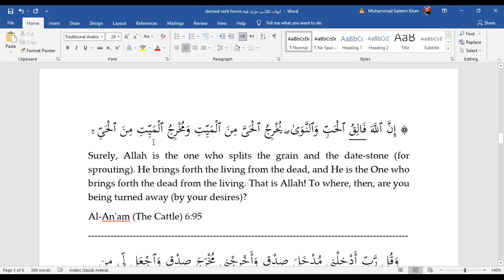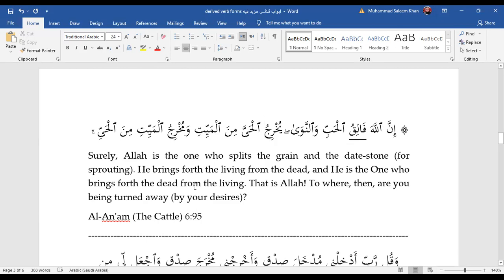Excellent. Yes, مخرج الميت. So what kind of sentence is this? Is this a verbal sentence or a nominal sentence? The nominal sentence, because it starts with a noun. Excellent. So مخرج الميت is مبتدأ and من الحي is خبر. Okay. Excellent.